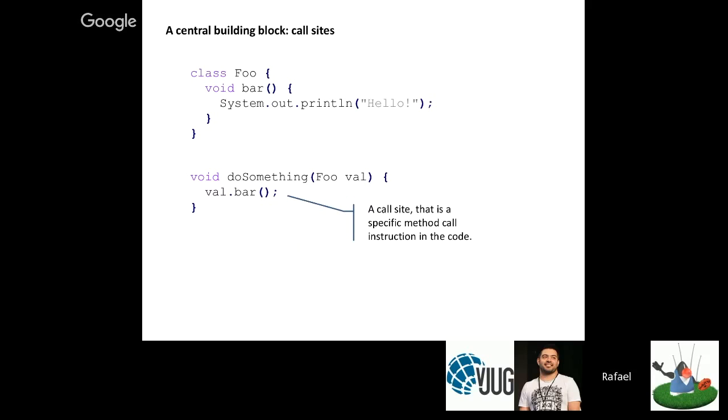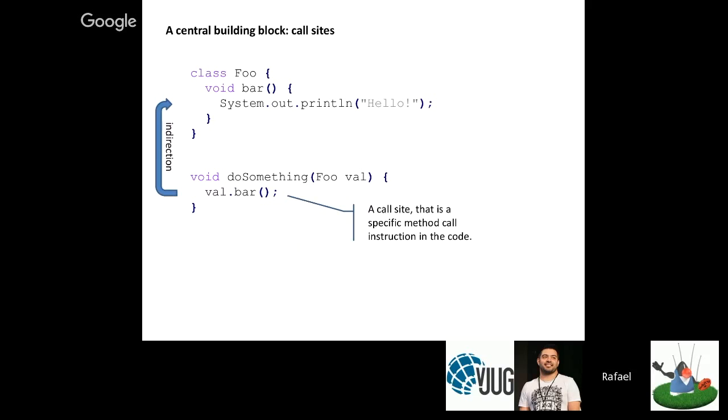And this is actually quite problematic for an optimizing compiler. And I'll just show why. So how can a virtual machine or any program know what method to invoke when calling bar here?